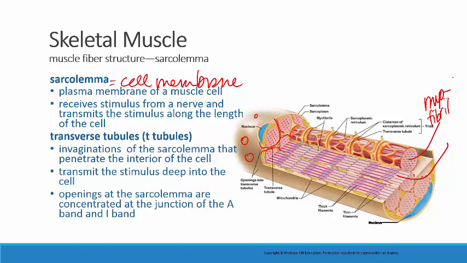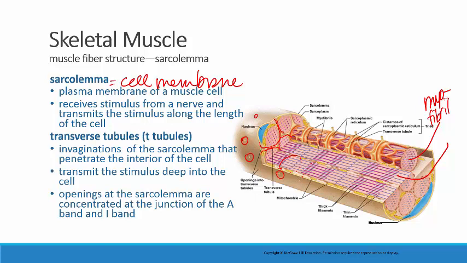But the T-tubules, or the transverse tubules, are folds of the sarcolemma that wrap deep into the cell and surround, as a little tube, the individual myofibrils. I'm trying to see if we can see a T-tubule along this length. But here's the opening. Here's where a T-tubule would come and surround that entire muscle fiber.